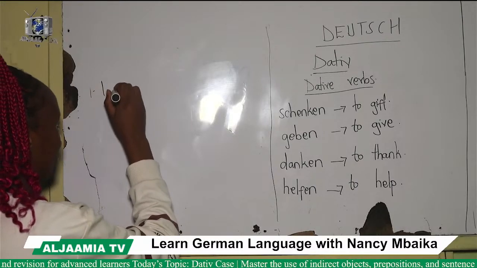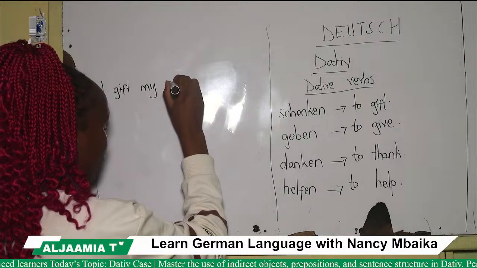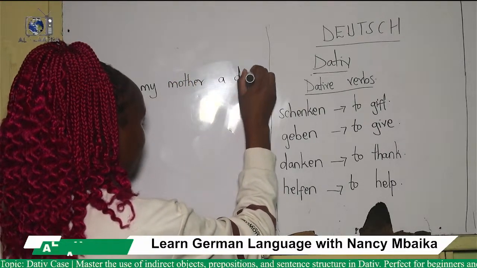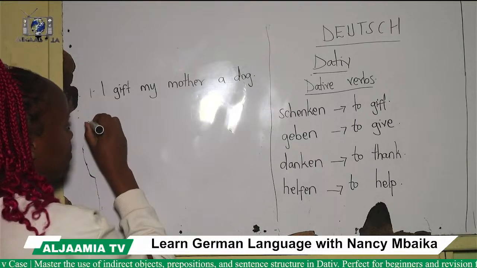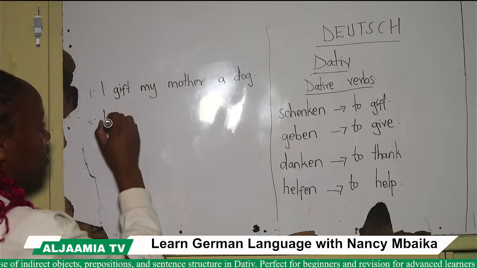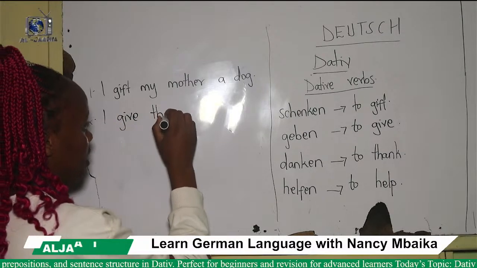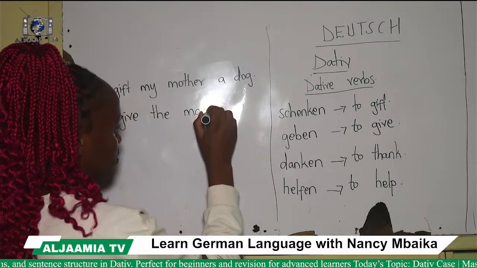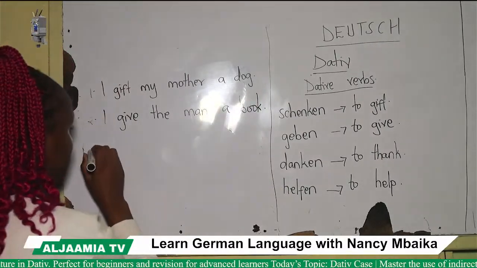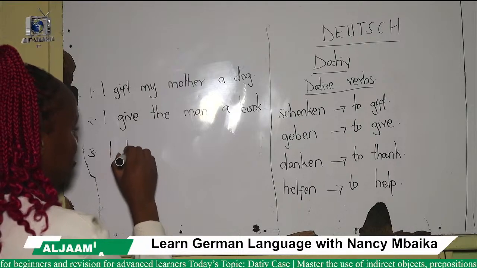So I gift my mother a dog. And then you have number 2, I give the man a book. Number 3, I thank the child.